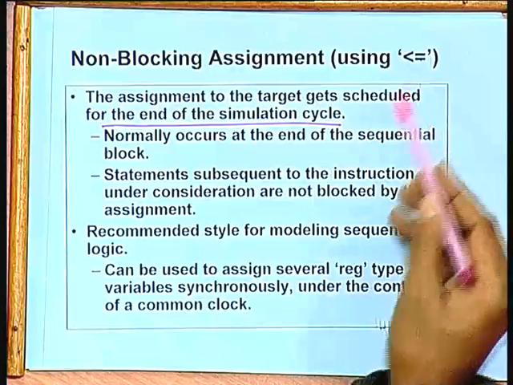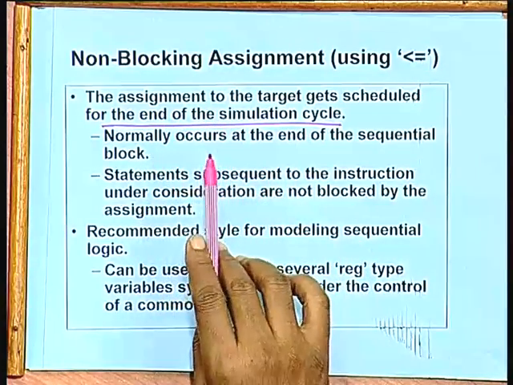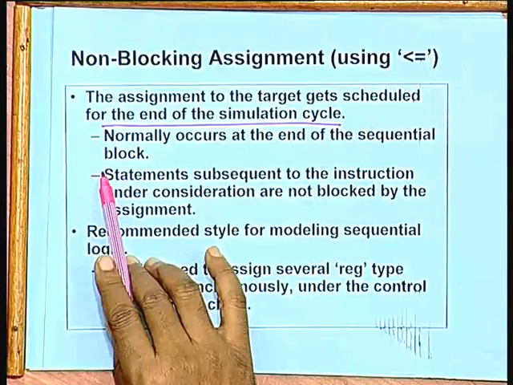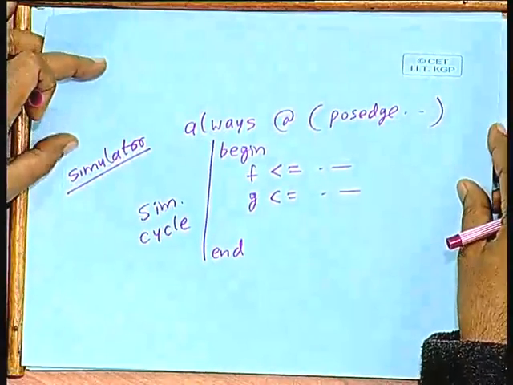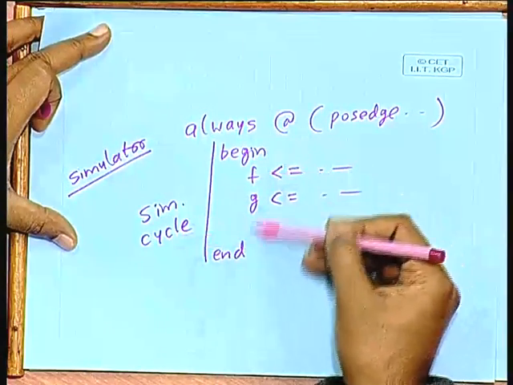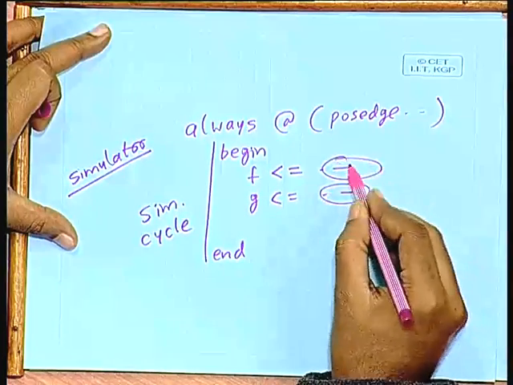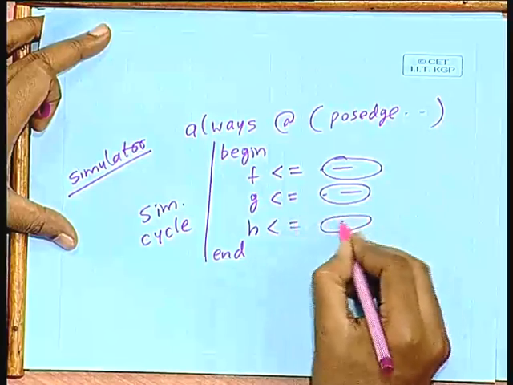Now, what the semantic of this non-blocking assignment says, is that the assignment is scheduled normally at the end of the sequential block, which means that when the simulator tries to handle this block, it evaluates the right hand side of all these statements. There can be others also, h assigned something.